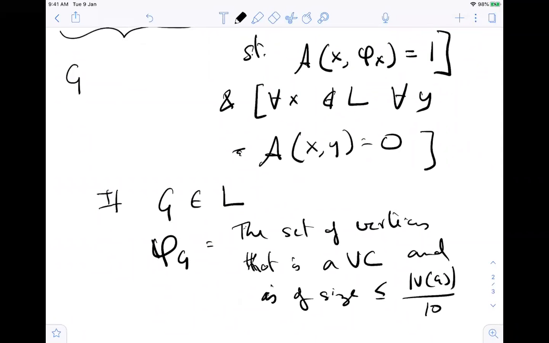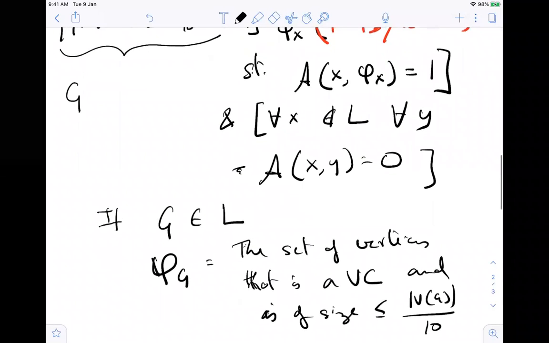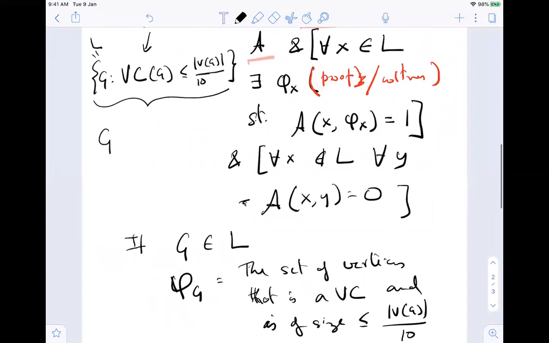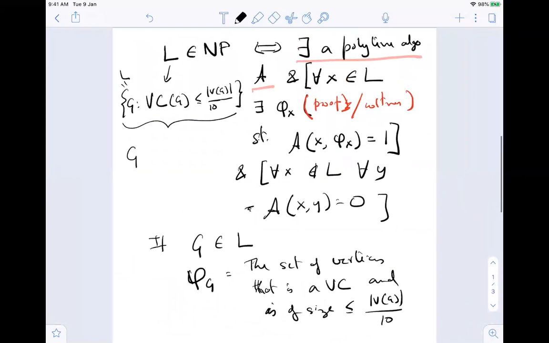So I give you that set of vertices. So you have given me a solution.